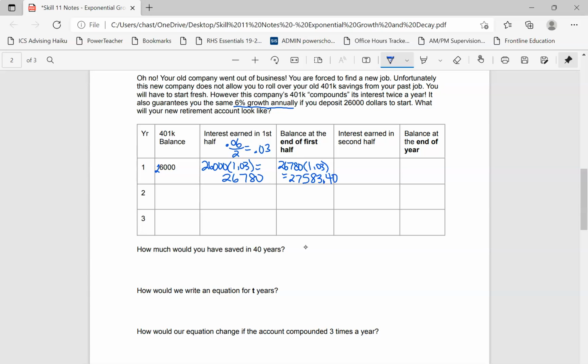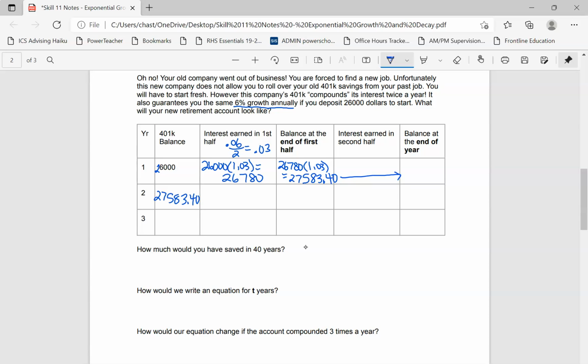Okay, I'm doing this a little bit differently than the chart shows here. That number we came up with is actually going to be our balance at the end of year one: 27,583 and 40 cents. We're going to take that amount and multiply it by 1.03 for the first half and 1.03 for the second half. You know what?